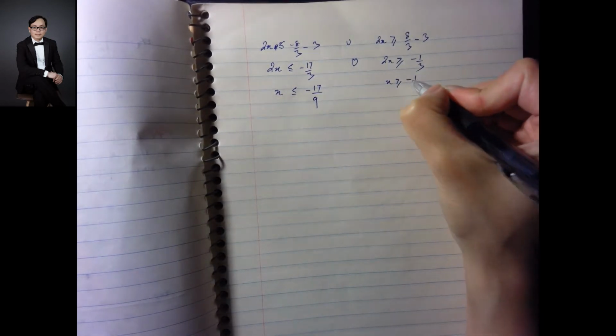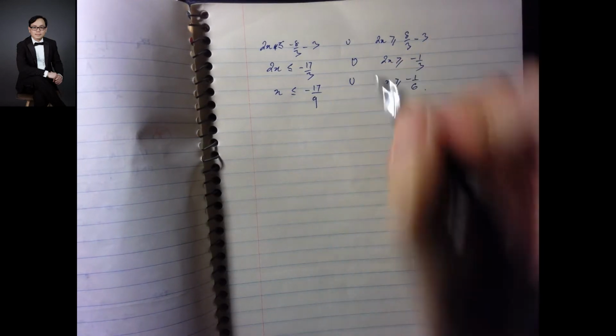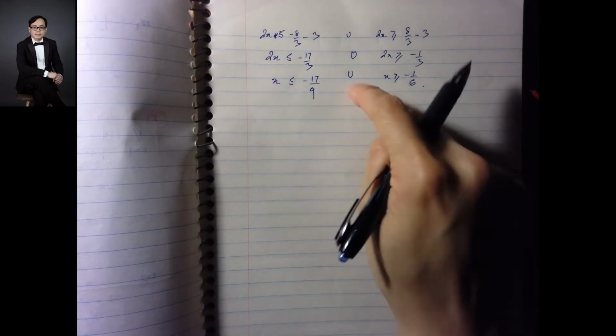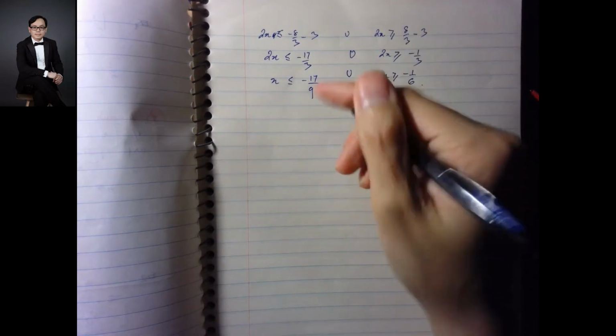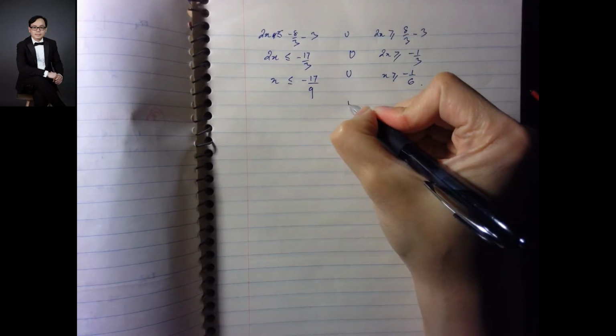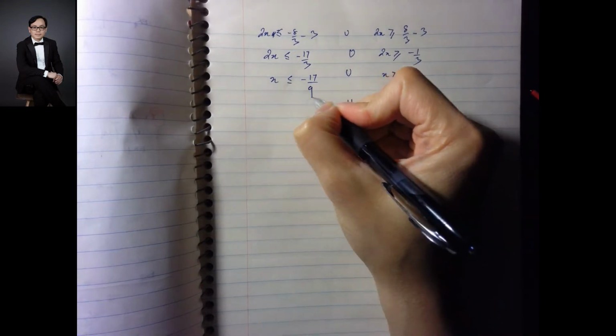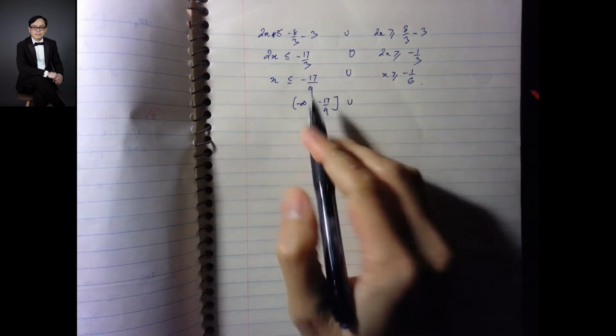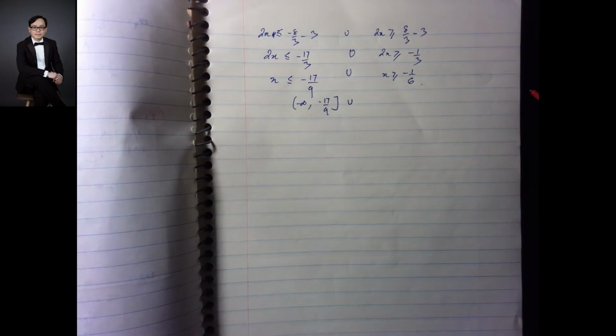If I use interval notation over here with the union, I have to use the union sign also. It will be negative infinity to negative 17/9, and because it's included, I have to use the bracket.